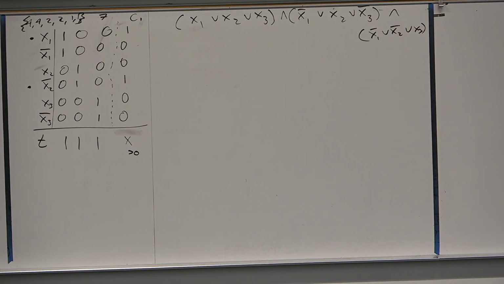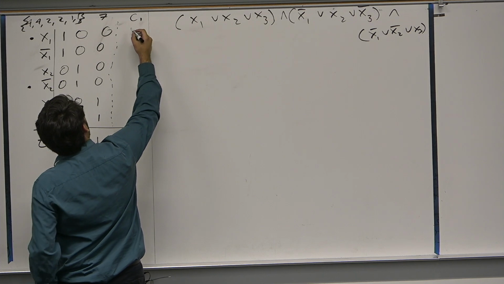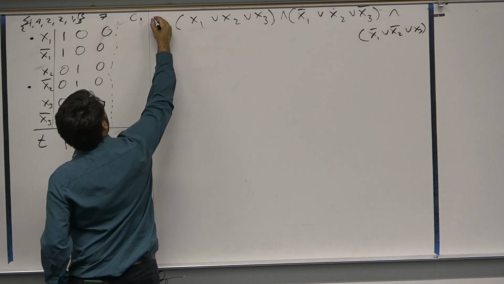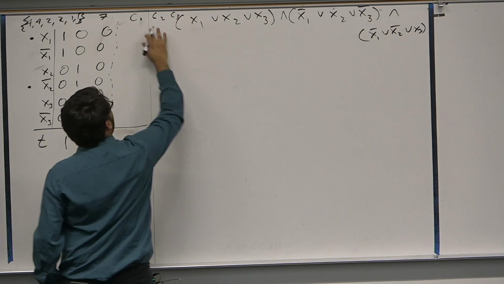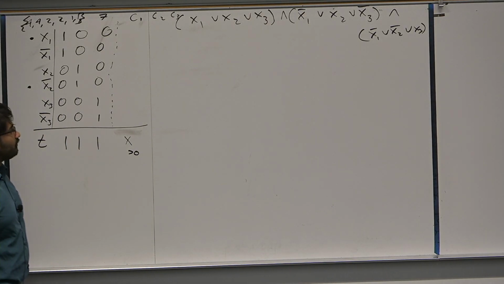Analogously, what are our 3 clause rows going to be here? They're going to be like this. We're going to have clause 1, clause 2, and clause 3 correspond to these columns. Now, for each one, we put a 1 in there if setting that literal to true turns on that clause.